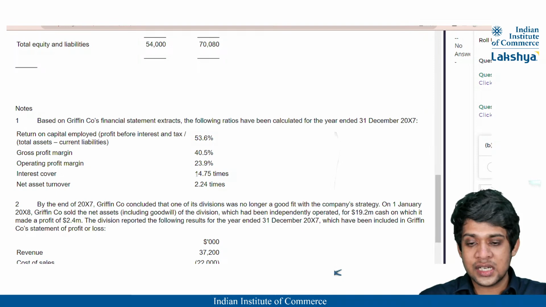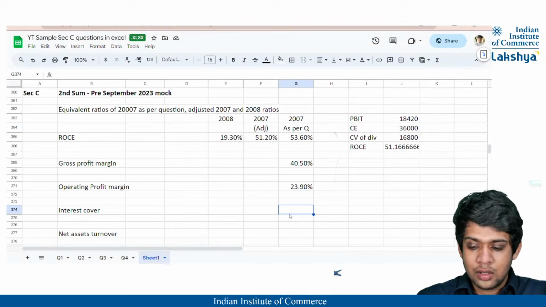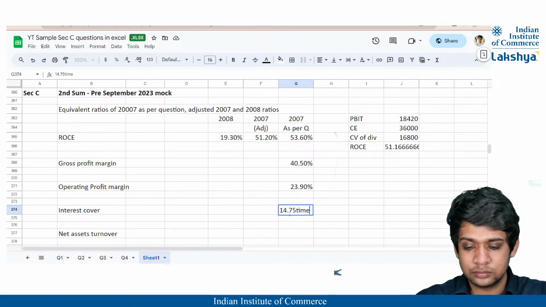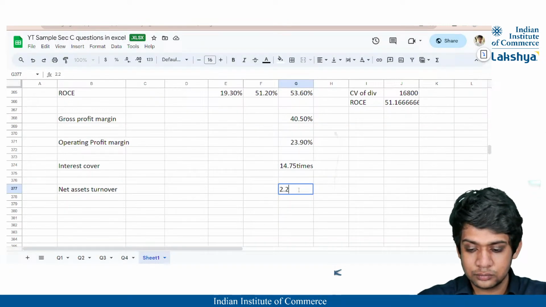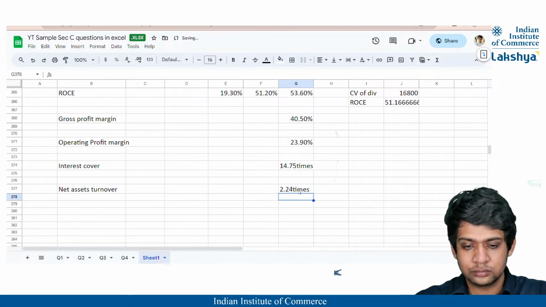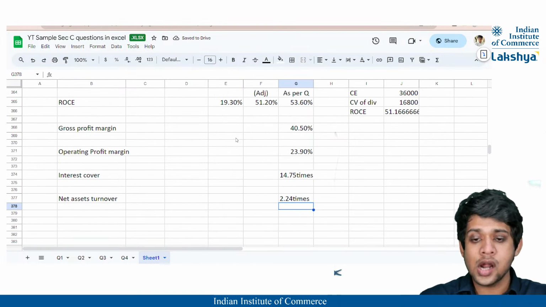Right? For our interest cover it is 14.75 times, and here it is 2.24 times. So these are the values which are mentioned as per the question.